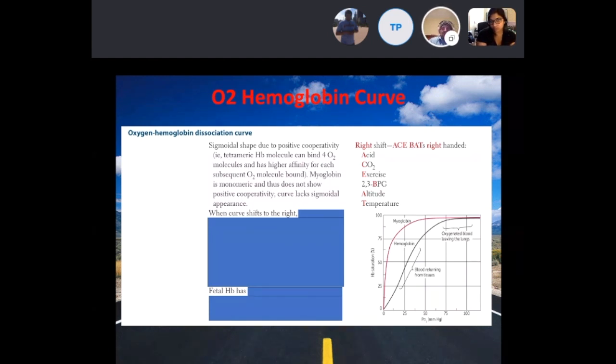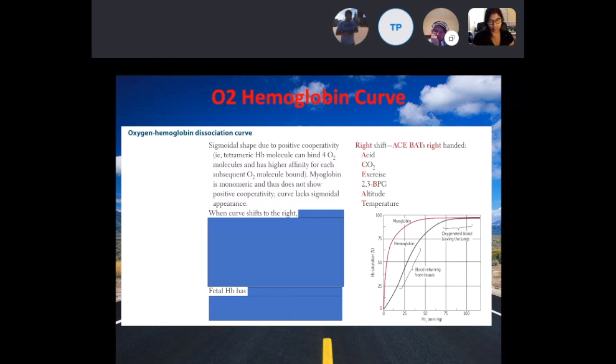And so when the curve shifts to the right, what happens? There is decreased affinity for oxygen, so the tissues want the oxygen more than the hemoglobin molecule does.